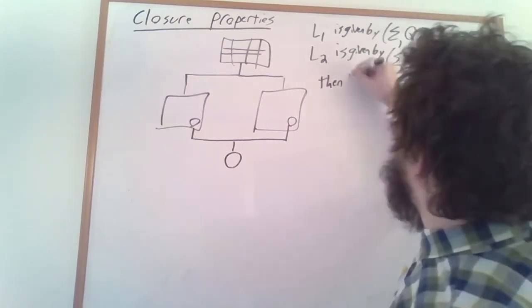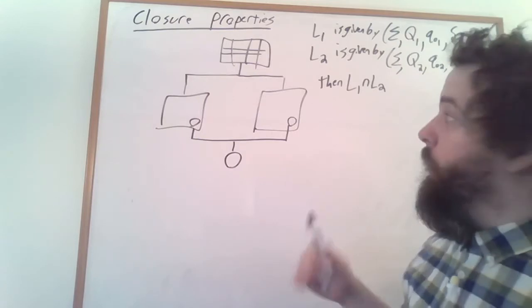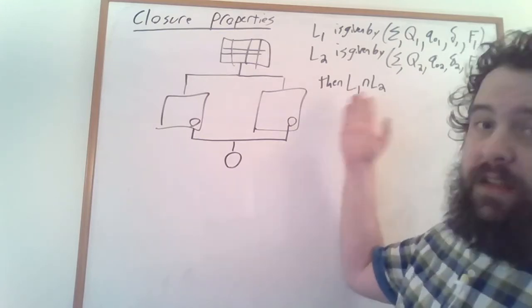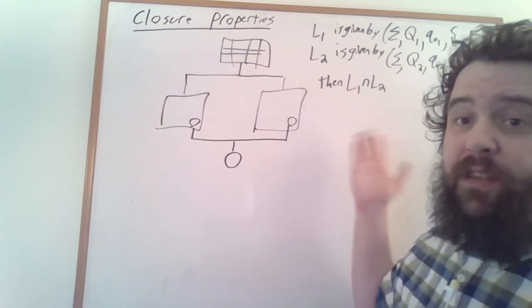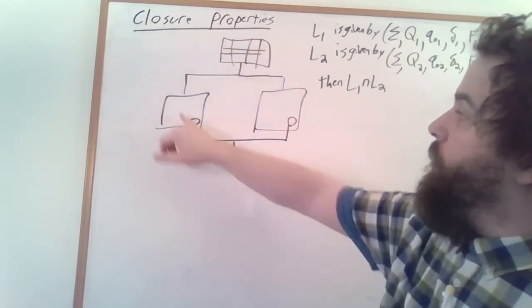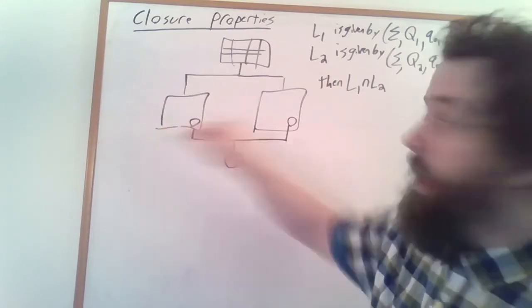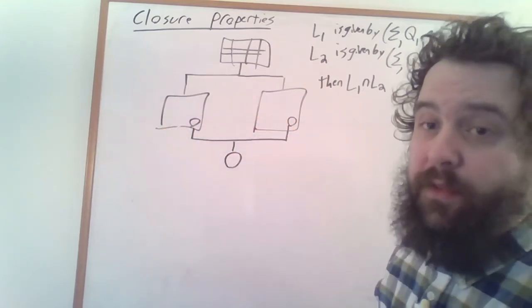Then the intersection of the two languages... Well, in order to produce a machine that recognizes the intersection of these two languages, we're going to want a machine whose states are a pair, a state of the first machine and a state of the second machine.